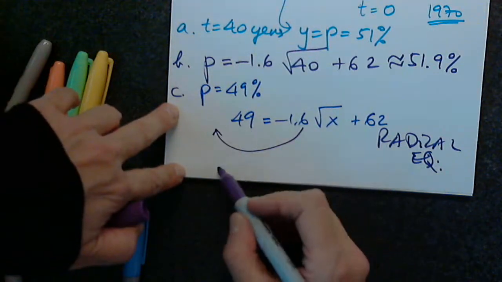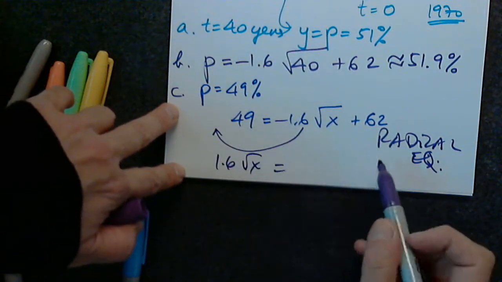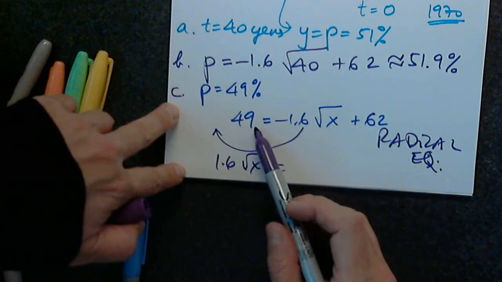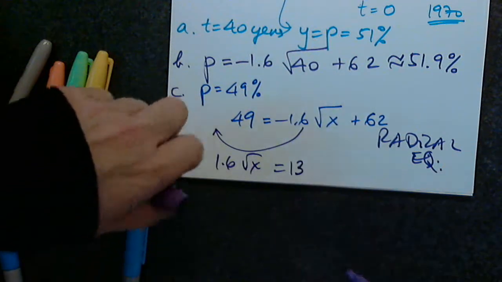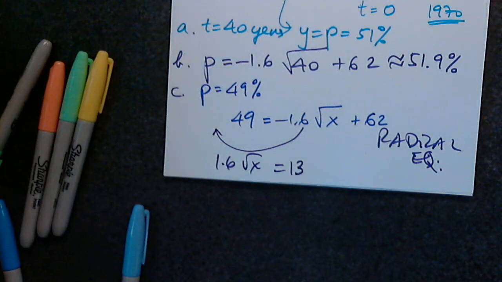I would agree with 1.6 the square root of x, and then from 62 I subtract 49 and I get 13. Only because I prefer the radical on my left. That's just a habit, you don't have to. And I also prefer to have no negatives, so I don't have to worry about multiplying both sides by negative 1.